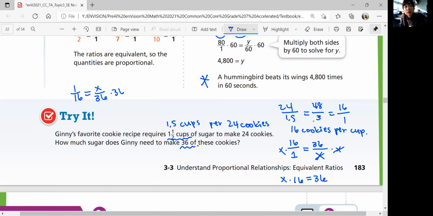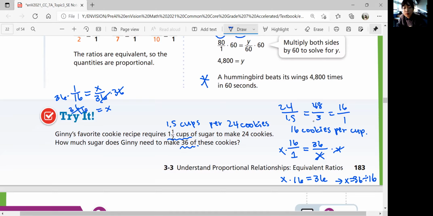And then you just multiply 36 on both sides. But you're going to get the same answer, right? Because your x is going to be 36 divided by 16. So here you get x is equal to 36 divided by 16. And here you also get x is equal to 36 divided by 16.